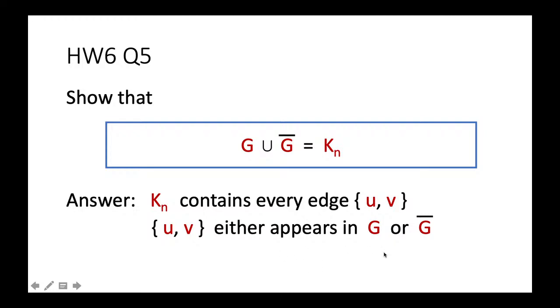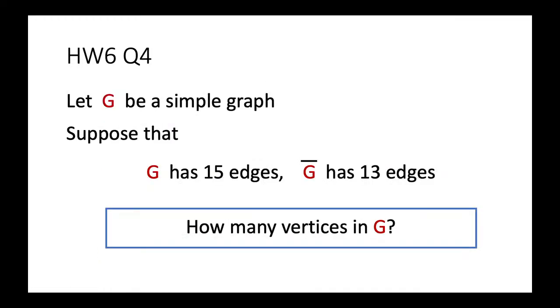Okay, if it doesn't appear in G, then it must appear in the complement of G. So in that case, for every two vertices inside the union of G and G bar, the edge will be there. So it means that this one is the same as this one. So any edge here appears here, and any edge here appears here. Okay? Now, if we know how to solve question 5, then we can go back to question 4.